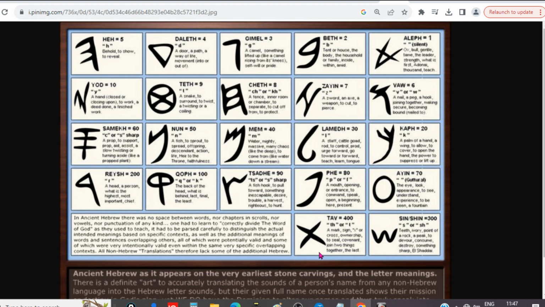And we go to the Tav. If God is the first and the last, the Aleph and the Tav, he's in the Tav as well. The Tav is the mark or the sign. It's an X. It's a cross. It's ownership. And it's a covenant.